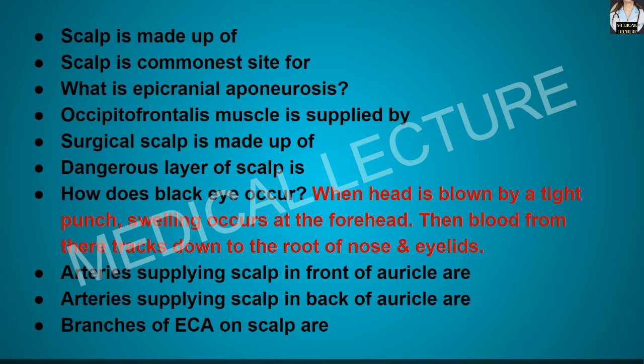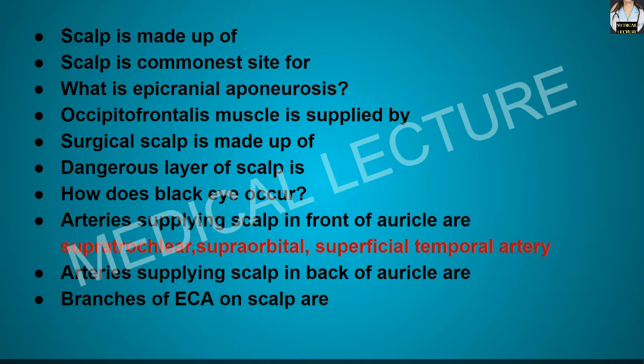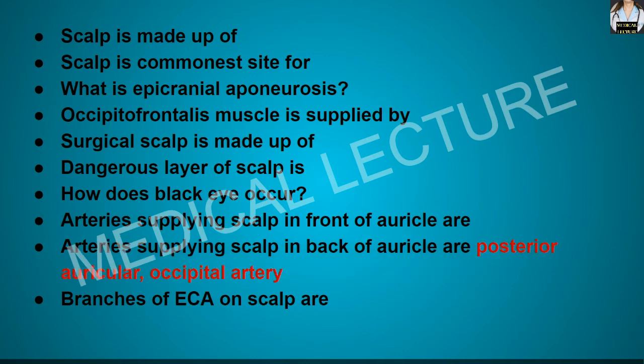Now the arteries supplying the scalp in front of the auricle are the 3 basic arteries, that is the supratrochlear, supraorbital and the superficial temporal arteries. Arteries supplying the scalp behind the auricle are the posterior auricular and the occipital arteries.